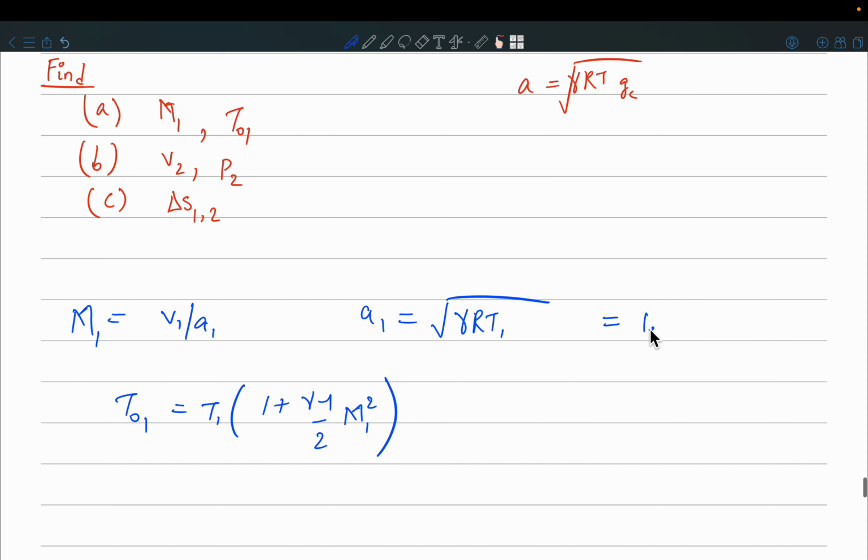This is supposed to be 1.4 into 600. So what is the value of A1 in feet per second?